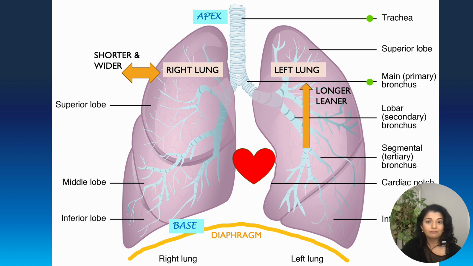Now, the other thing that you want to remember is the left lung has 2 lobes, because remember it's longer and leaner, and then the right lung, or Danny DeVito, has 3 lobes. You want to remember that also, okay, because that also creates a difference in anatomy.